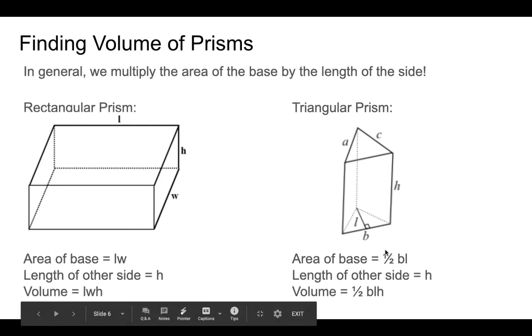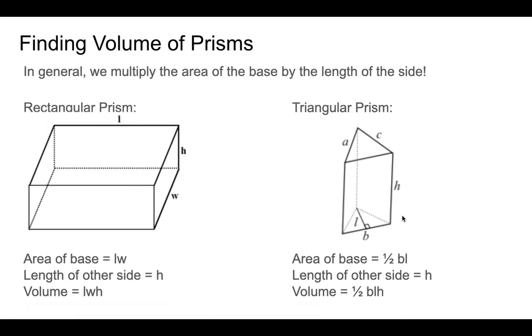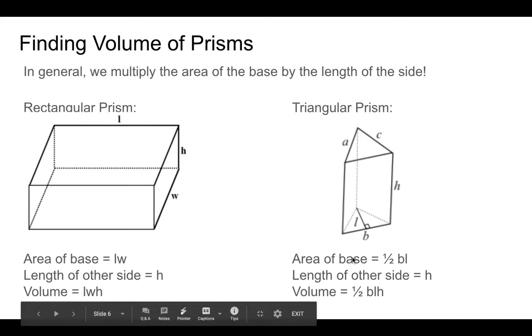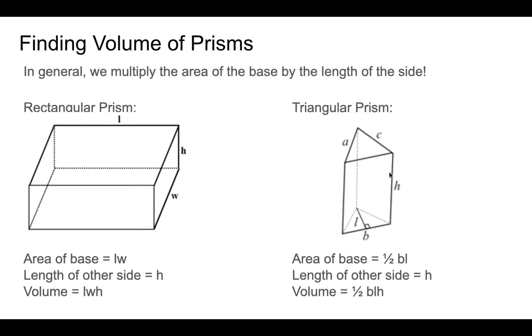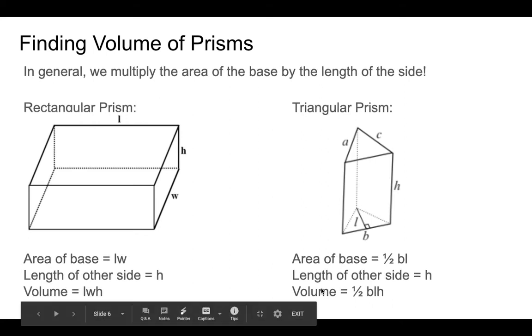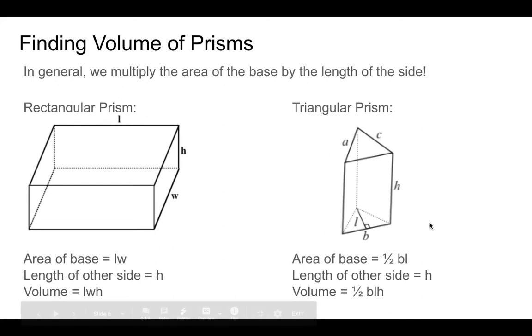And it's multiplied by 1/2 because remember, a triangle's half a square, right? So that's the area of the base, and then the length of our other side is the height of the prism. So our volume of a triangular prism is 1/2 base times length times height. Those are the equations you're going to need for volume for this lesson.